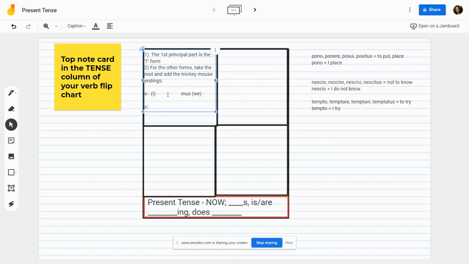S, which is you. TIS, which is y'all. And T, which is he, she, it, and in the plural form, NT, which is they. So go ahead and write that down.